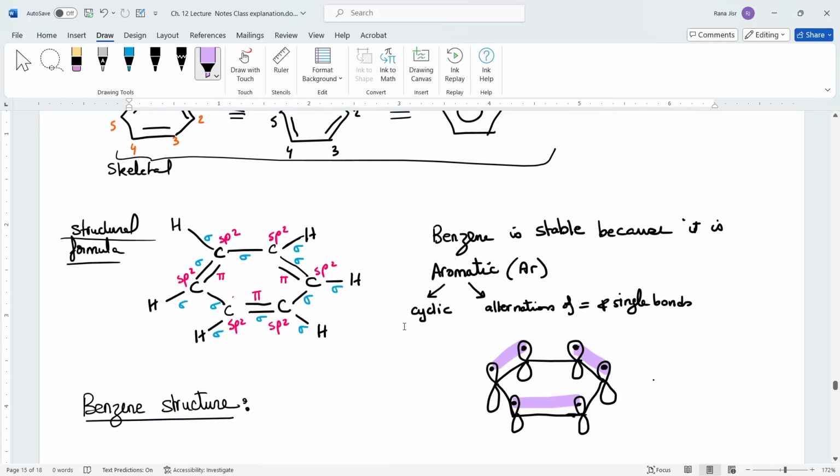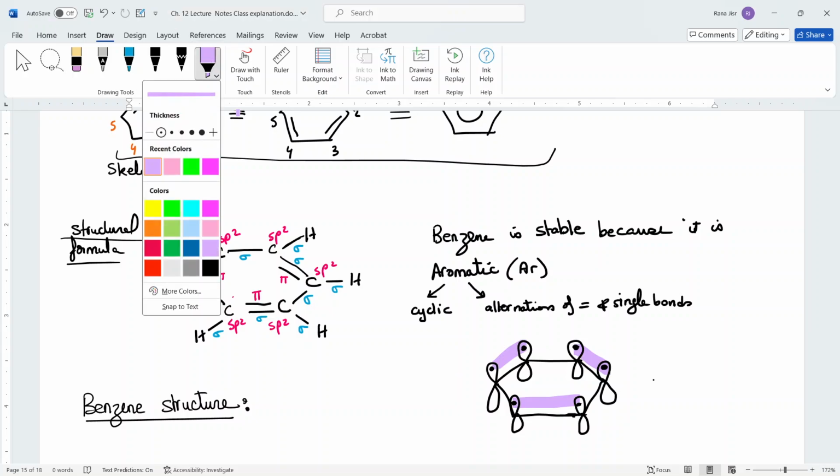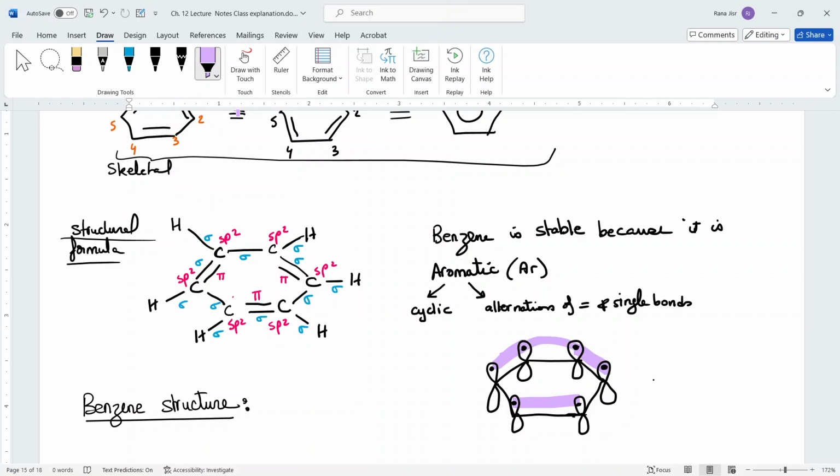Okay, so you have to imagine as if benzene is an electron-rich structure, and the reason why it's electron rich is because you do have an electronic cloud, and that electronic cloud is because of these p orbitals that are overlapping with each other, and the electrons lie above the plane of the benzene, and they lie also under the plane of the benzene.